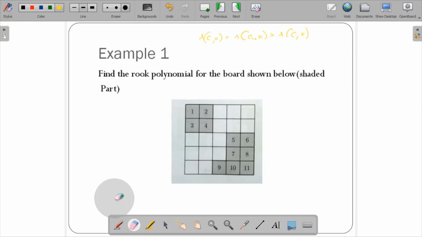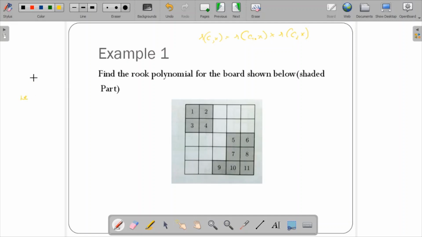Here we have two boxes, so we will consider one box as C1 and the other as C2. Example one: find the root polynomial for the board shown below, shaded part. Let us take the first shaded part as C1.